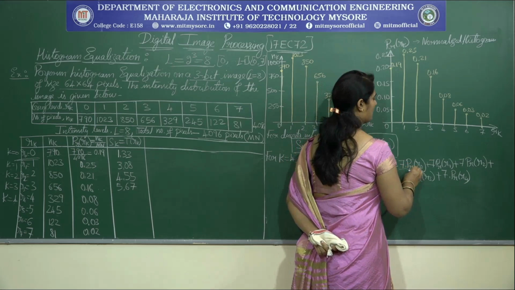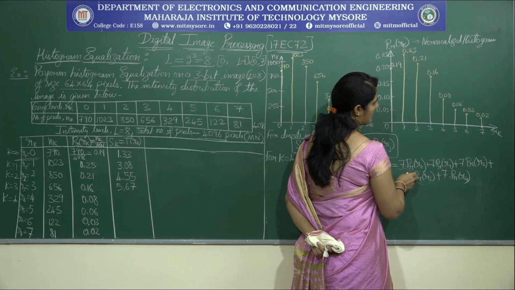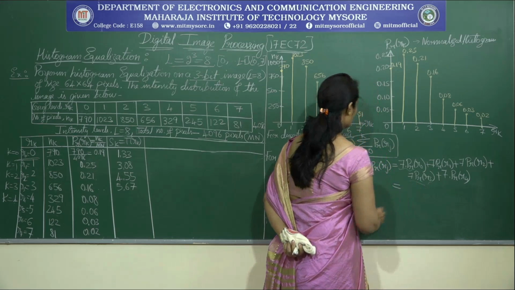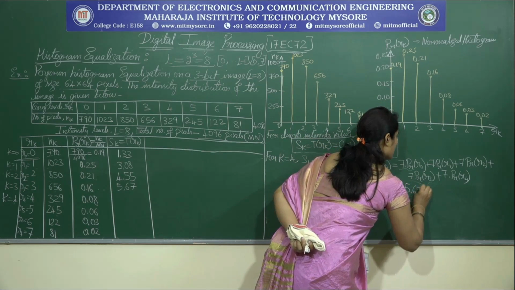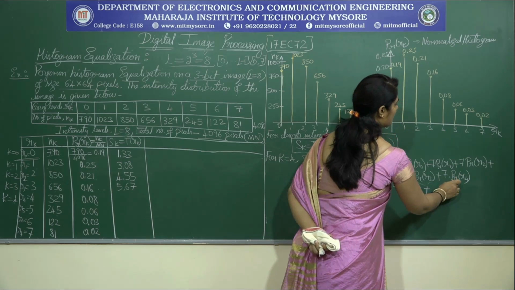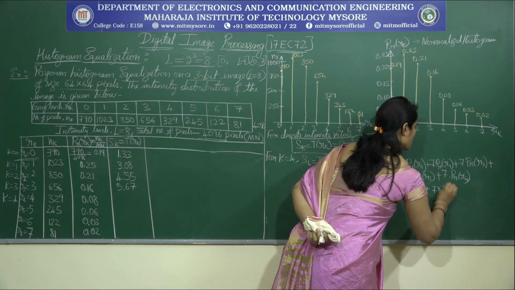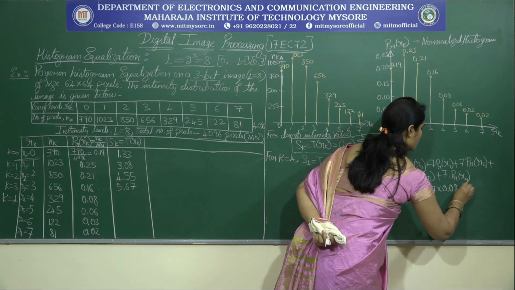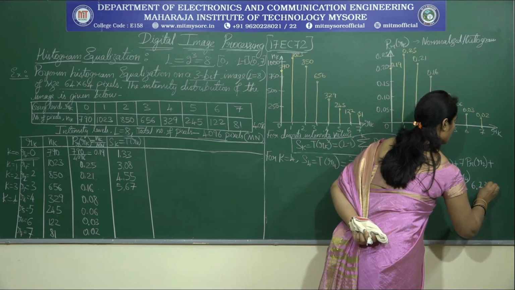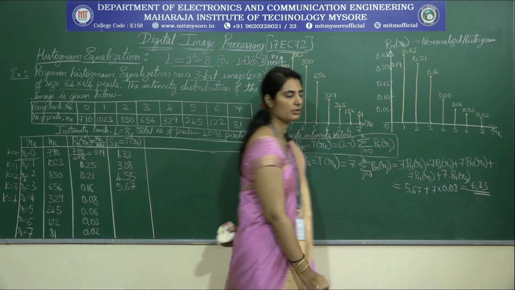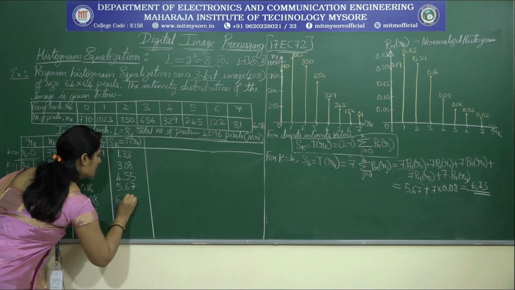So we know PR of R0 to PR of R3, the summation of all these results in 5.67, plus probability density function of R4, which is 0.08. This results in 6.23. Okay. So now this is equal to 6.23.